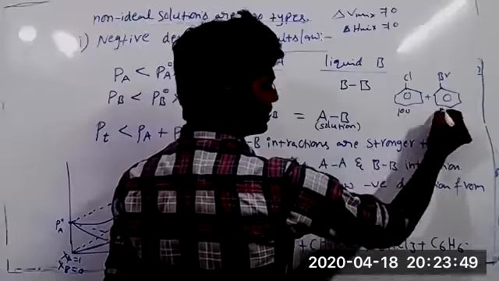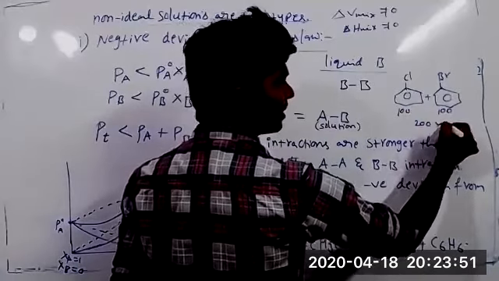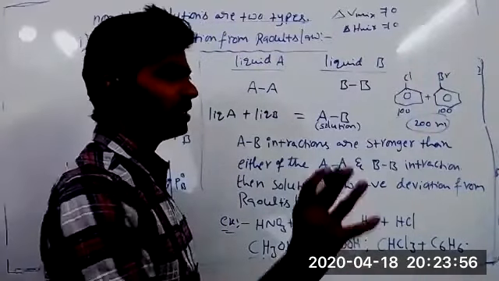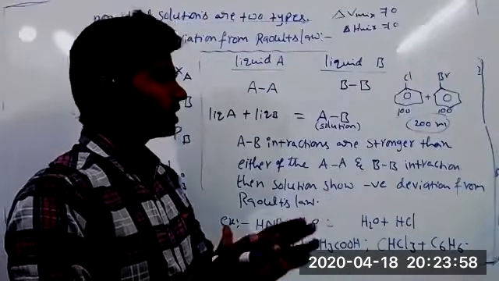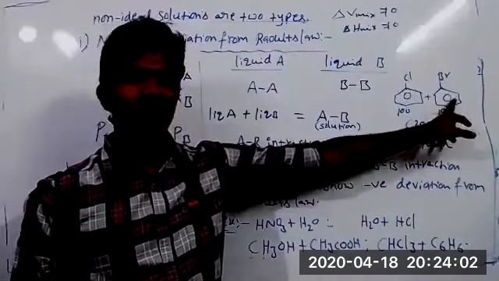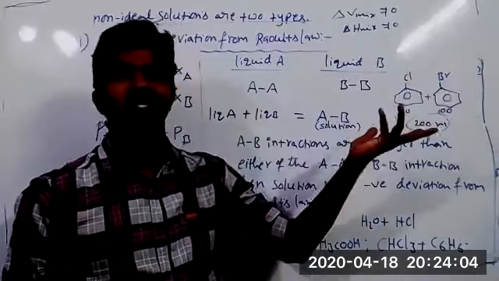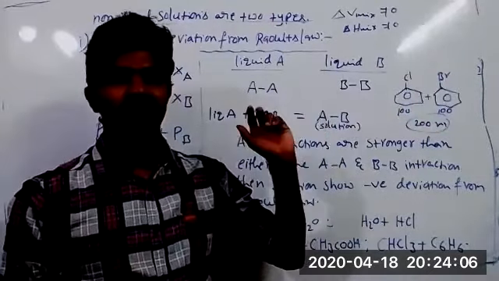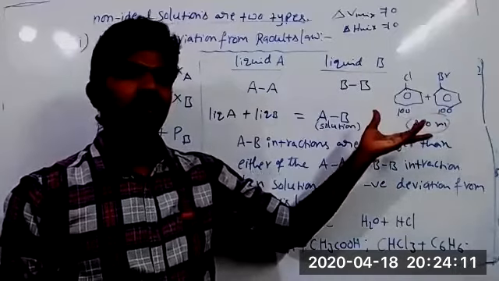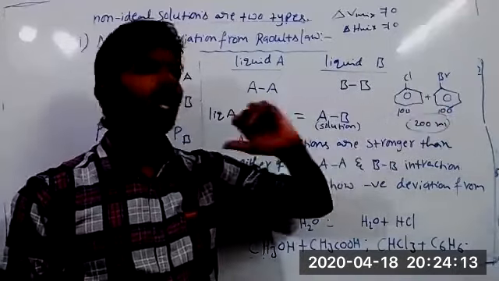This is 100 ml, this also 100 ml, totally it gives 200 ml. No difference. That mainly depends upon its molecular size. Here also a benzene ring, here also a benzene ring, here also a halogen, here also a halogen. So there is not much difference, and the interactions between them are also the same. That's why we take it as an ideal solution.